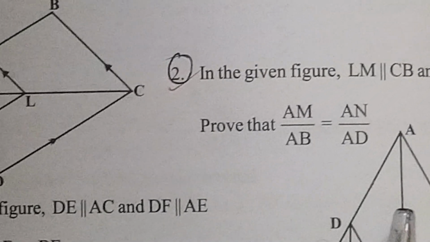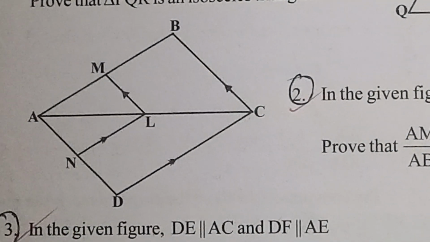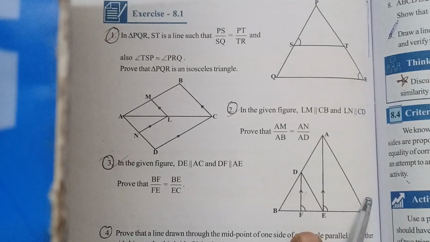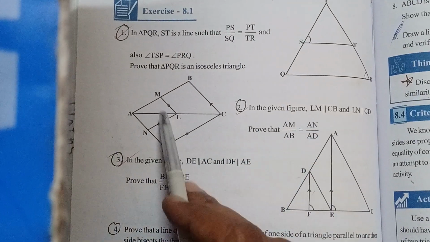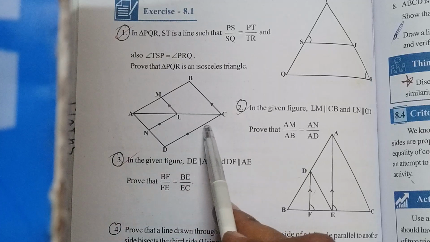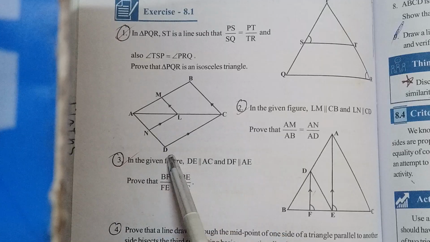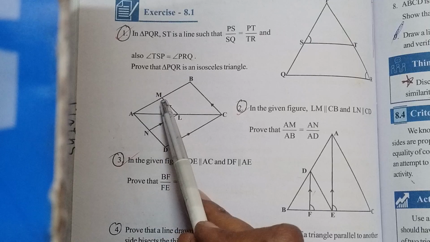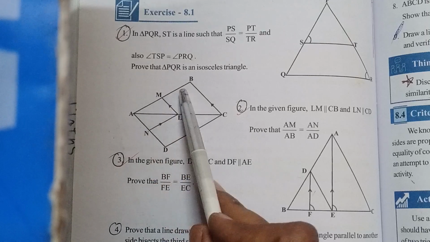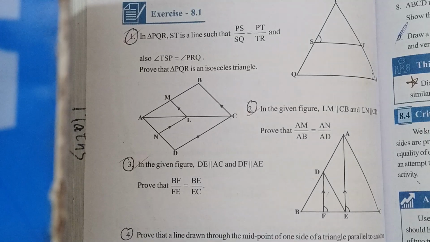From the figure, LM is parallel to CB and LN is parallel to CD, and we need to prove that AM by AB equals AN by AD. That one we need to prove. Okay, let's start.